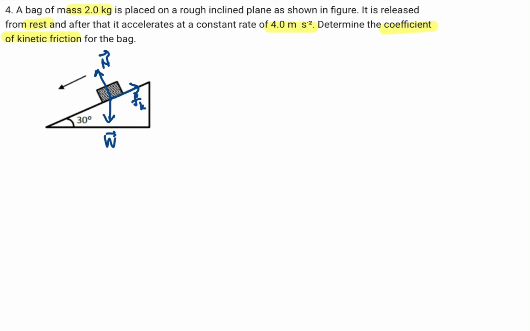So this is the acceleration downward. Given here is the mass, which is 2 kg, and acceleration, which is 4 meter per second squared. You want to determine the coefficient of kinetic friction.